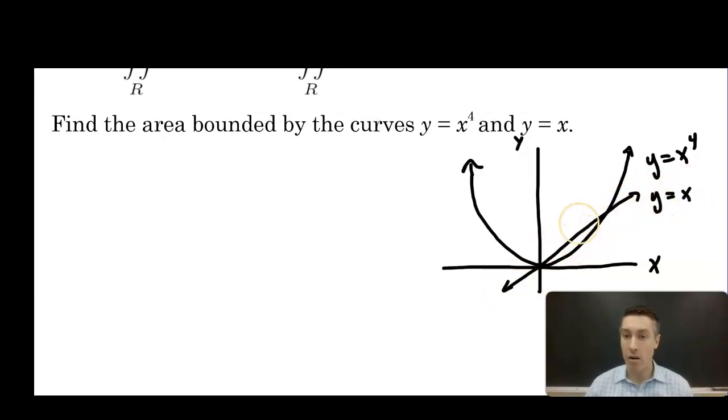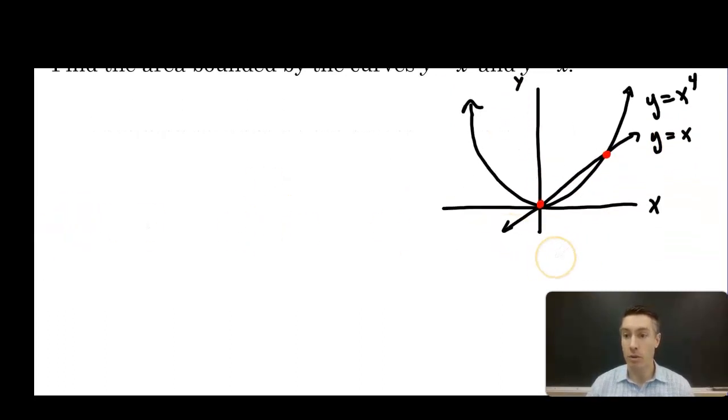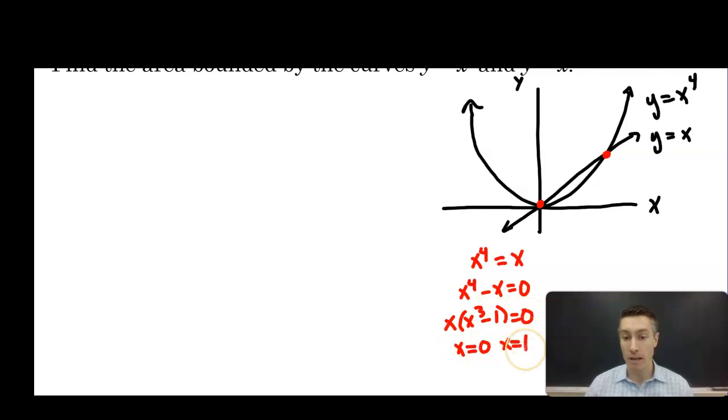Gives us a little narrow region there, but we have 2 points of intersection. Again, a little algebra to find them. So x to the fourth equals x. x to the fourth minus x equals 0. Do not divide by x. You'll miss one of the answers. So x times x cubed minus 1 equals 0. So x equals 0 or x equals 1. So 0, 1.